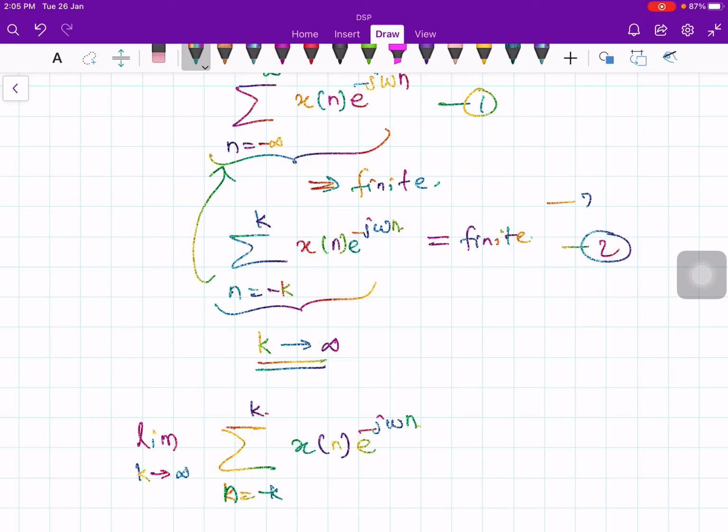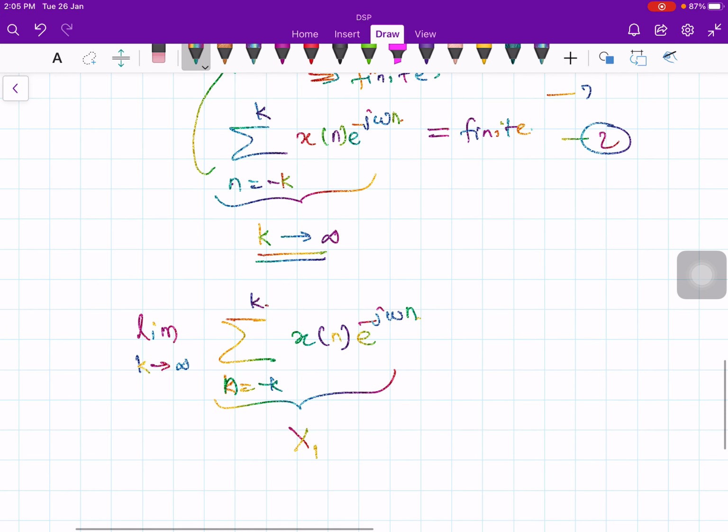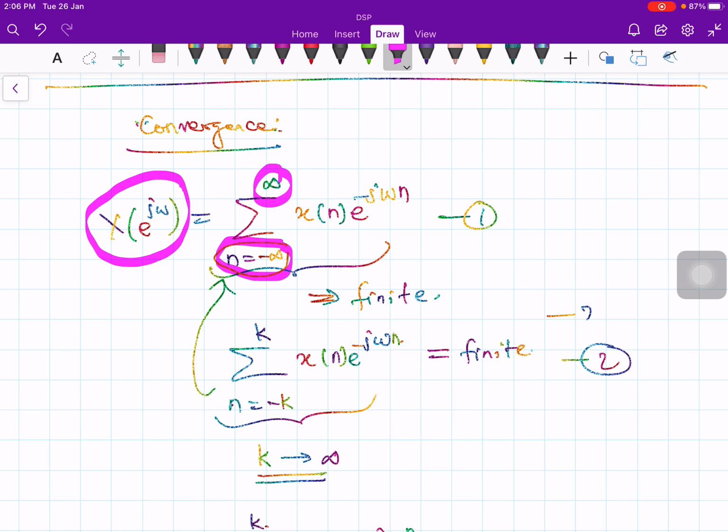So one of the criteria is the error, if you define this quantity, because this summation does not include an infinite number of samples. If you define this quantity as x suffix k of e to the j omega, then if the summation limit is from minus infinity to plus infinity, we wrote x of e to the j omega.